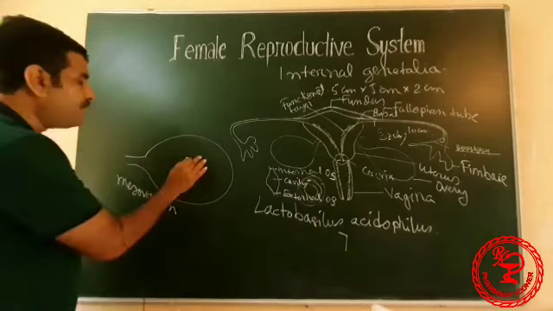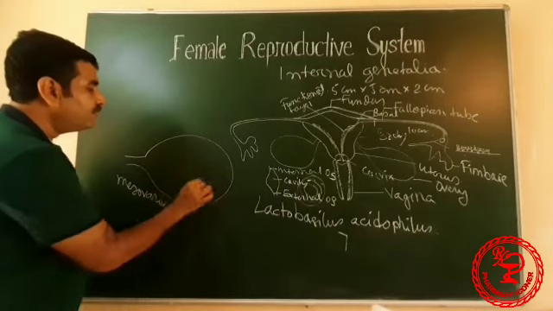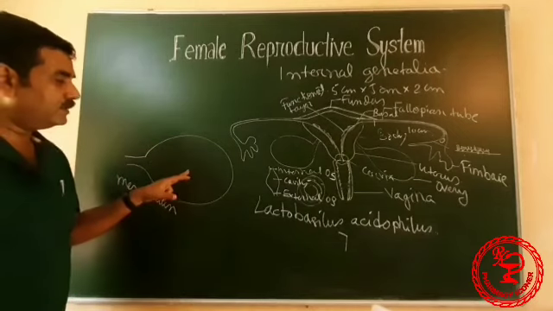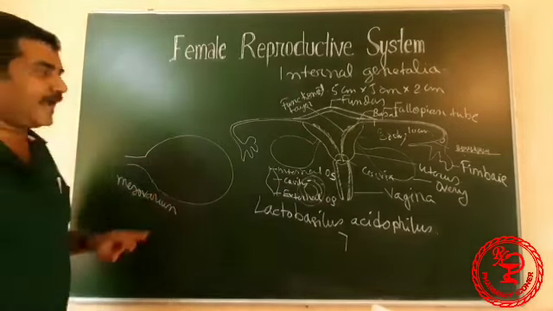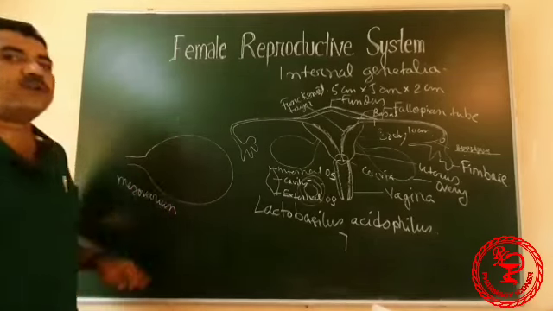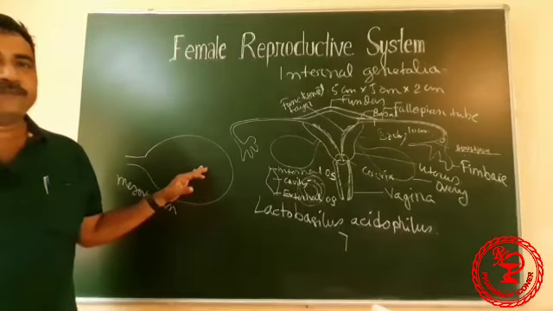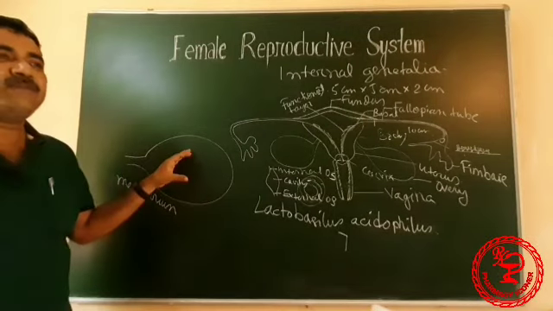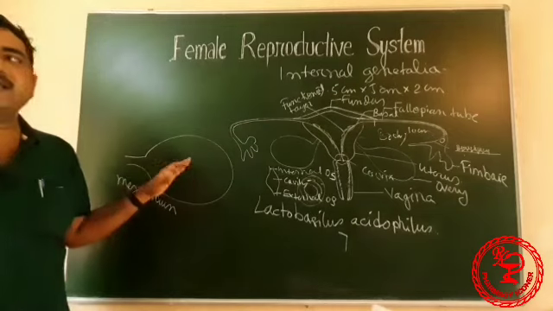The innermost portion of the ovary is called the medulla, and the surface area is called the cortex. In the medulla, connective tissue, blood vessels, nerves, etc. are present.